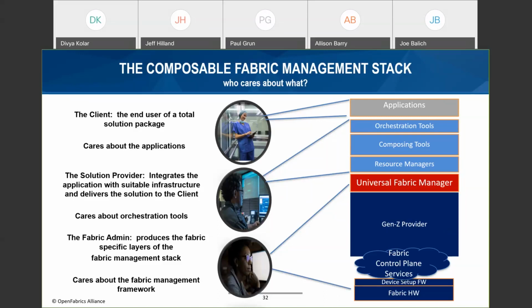And then the common functions of the UFM are implemented for specific fabrics via a fabric provider. That's the proposal we made in the last session. We also noted the common functions that are required of the fabric management portion of a composable execution environment. So we propose the following collaboration-driven universal fabric manager.